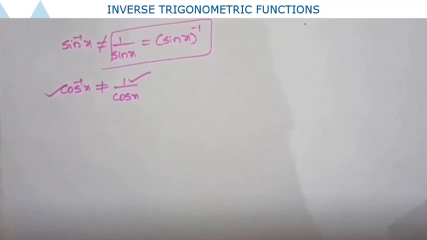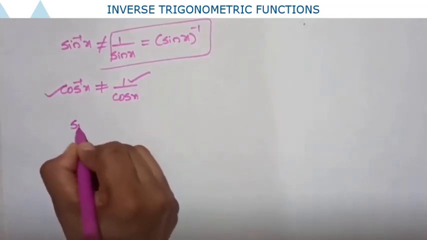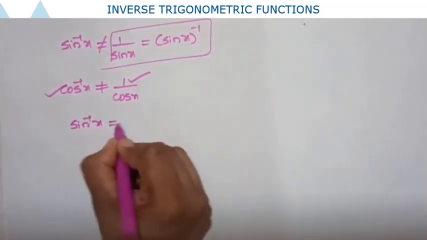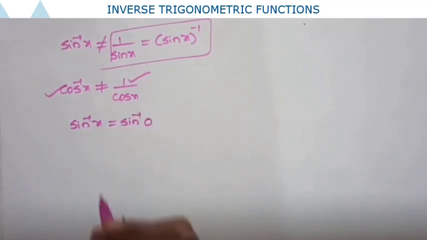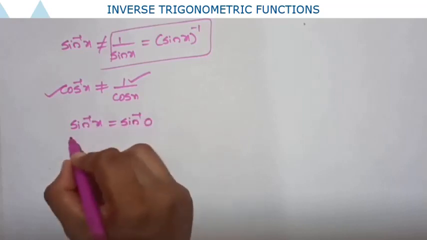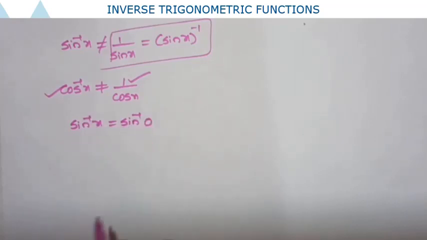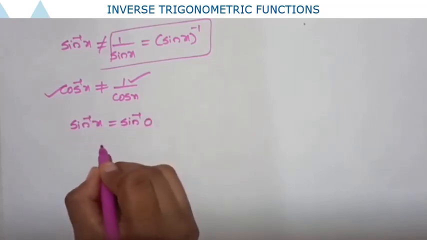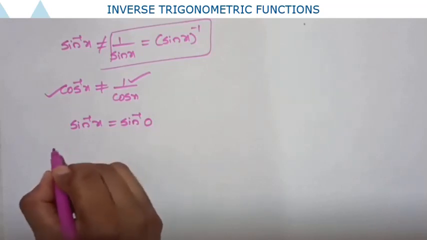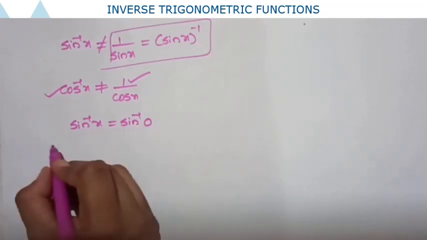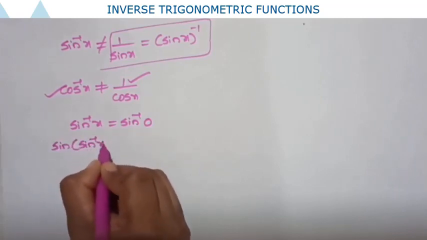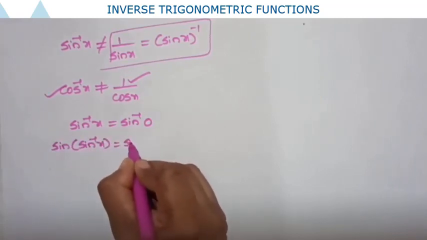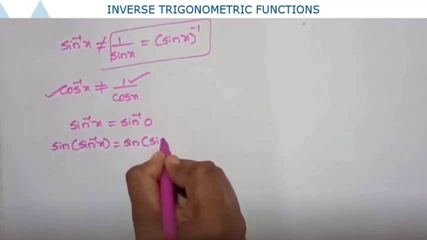Also, if they have given sine inverse x is equal to sine inverse 0, don't cancel sine inverse on both sides and don't write x is equal to 0. In fact, here we should use property number 1: apply sine on both sides so that we have sine of sine inverse x equal to sine of sine inverse 0.